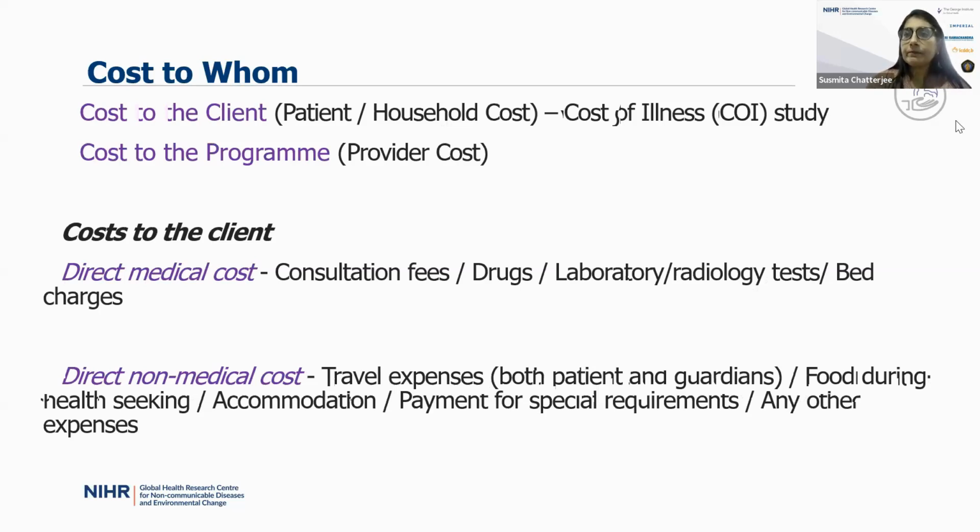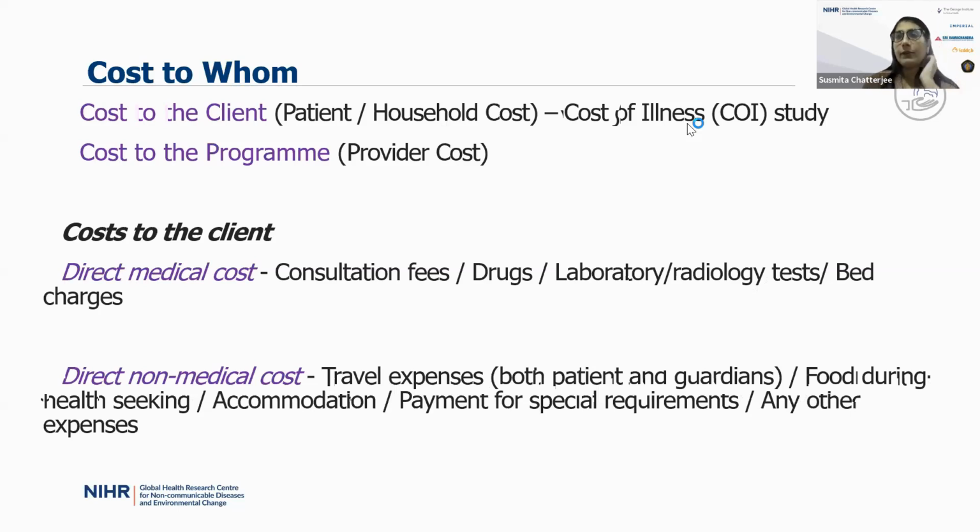Suppose one needs to pay a helper during hospitalization because the person is bedridden. You are paying for the helping staff for that person. Or suppose diapers are required for an illness, you are paying for that. Those are all non-medical, but related to the disease.